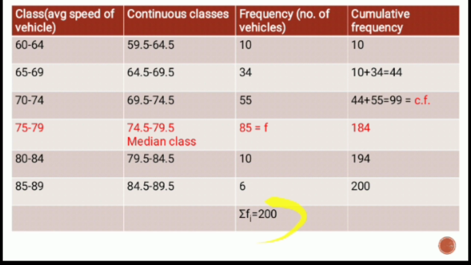For doing summation fi, you have to add 10, 34, 55 plus 85 plus 10 plus 6, that gives you 200.